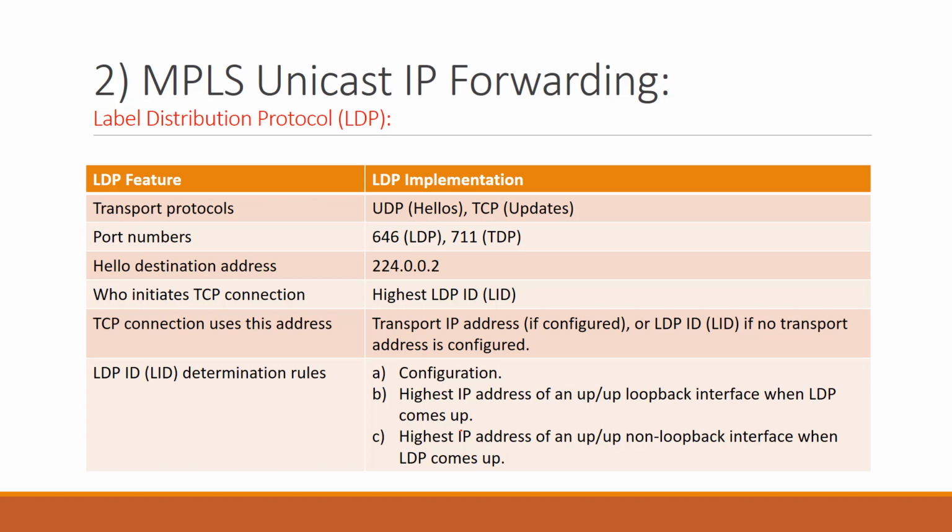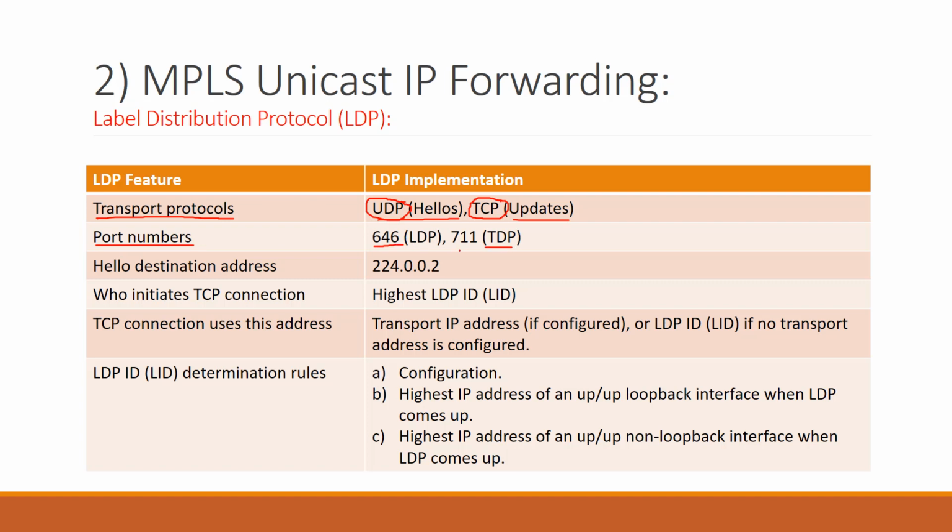So as a summary for LDP, LDP uses transport protocols. For hellos, it uses UDP. For updates, it uses TCP. And the port numbers used by LDP: if you are using LDP, it will be port number 646.